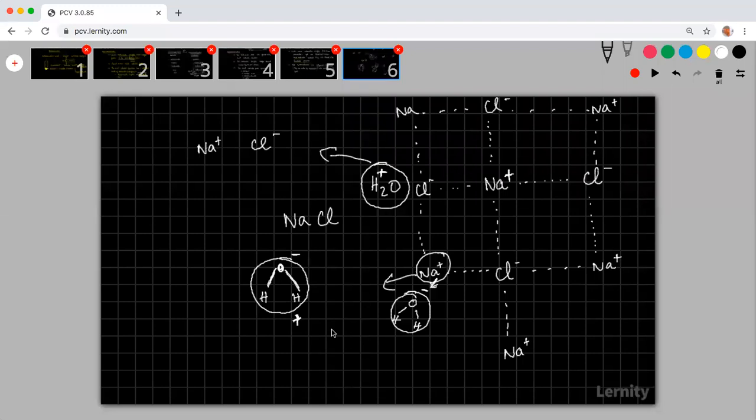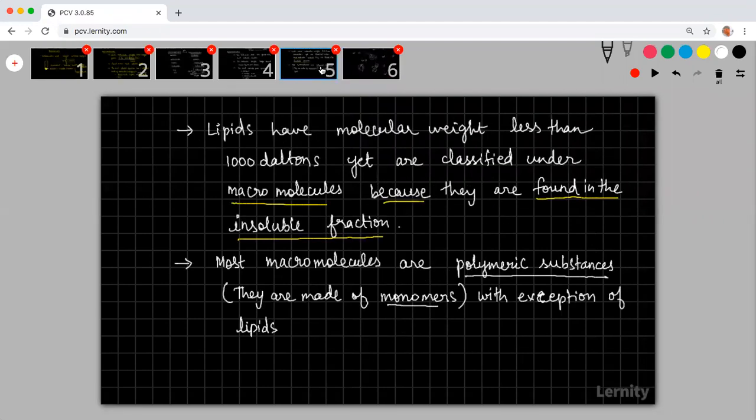Are you guys able to understand? Okay, so this is about macromolecules.